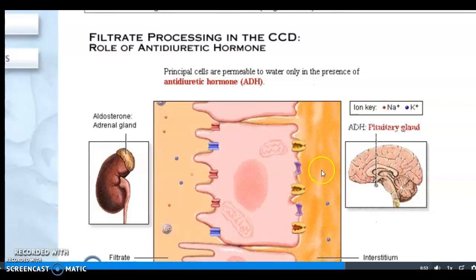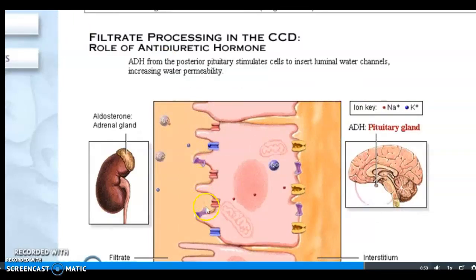Remember, it's always trying to reach equilibrium, and this whole osmotic gradient of going from high water concentration to where water is less concentrated until we reach equilibrium is going to pull water out of the filtrate back into the interstitium, that fluid that's between the cells of my tubules and the cells of my capillaries.